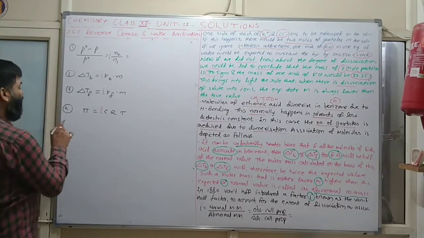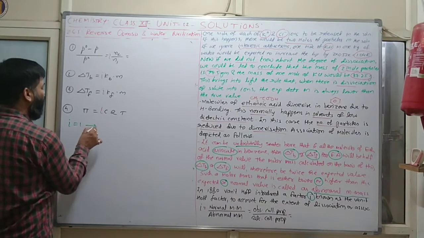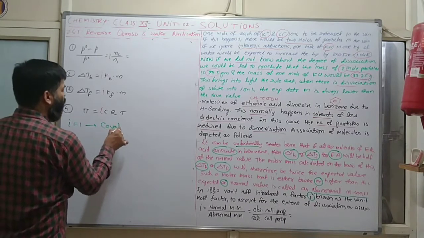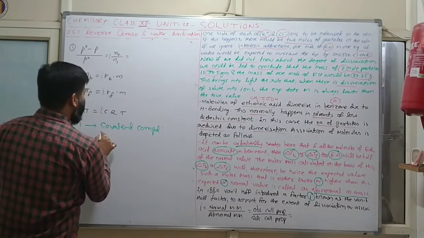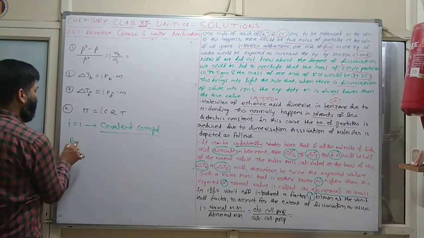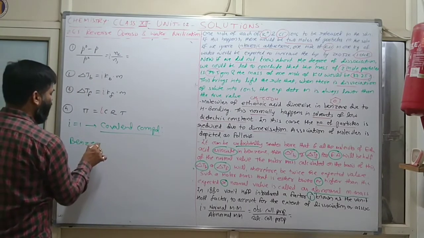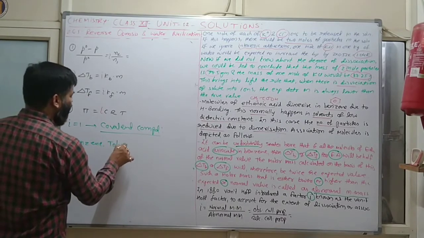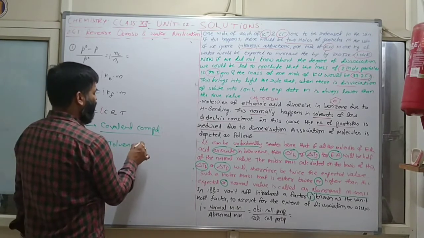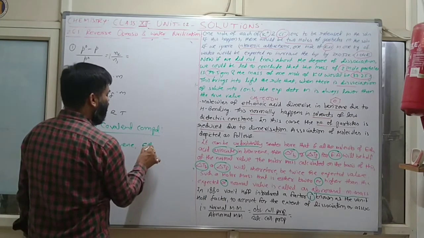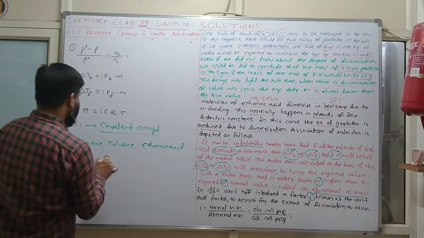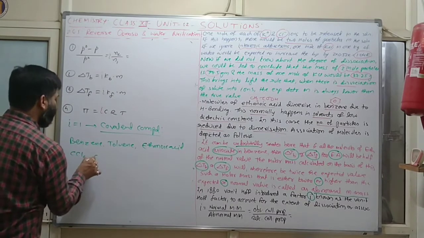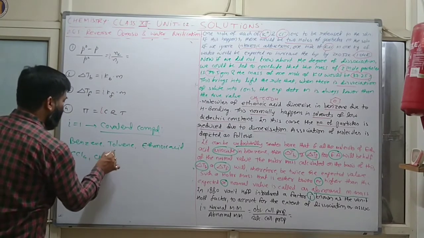But here the i value will always be taken as 1 for all covalent compounds. So which type of covalent compounds are there? Number 1 is benzene. Number 2 is toluene. Then we can say ethanoic acid, carbon tetrachloride, and acetone.